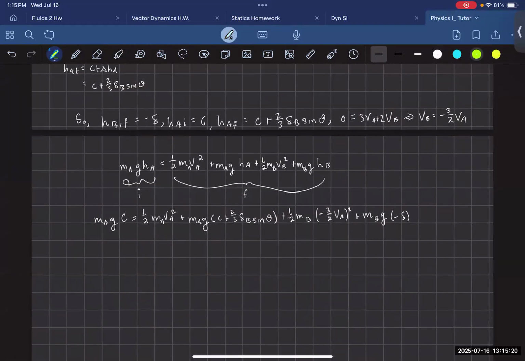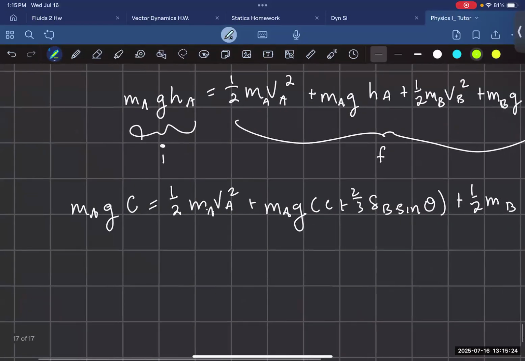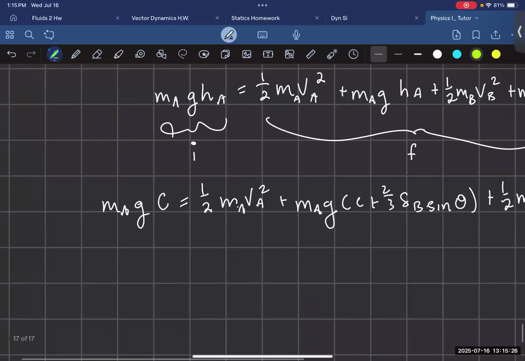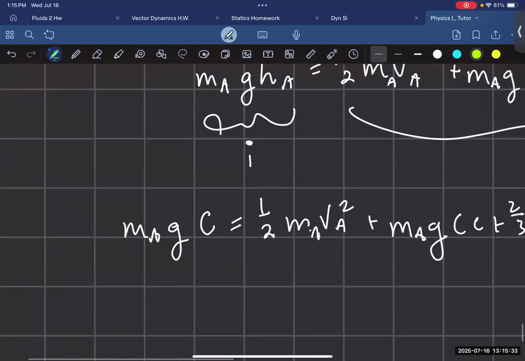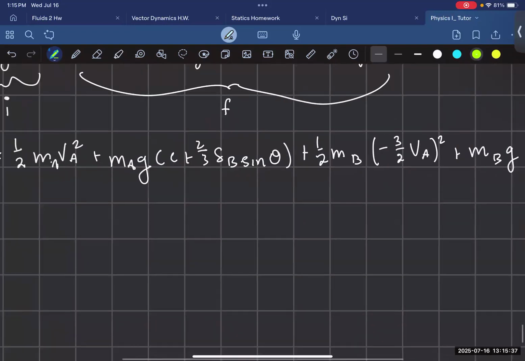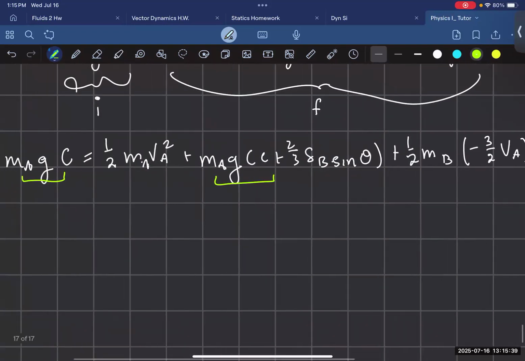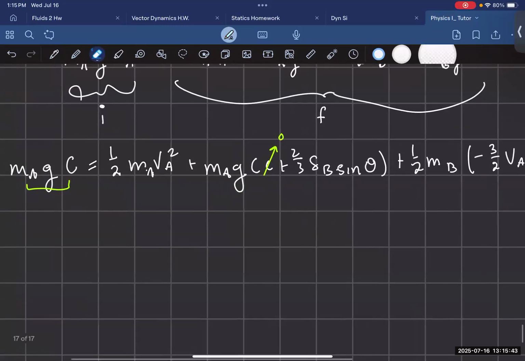So now we can do a couple cancellations. First, if we're looking at the potential energies of the masses A, we're going to realize that this right here is going to subtract into right here. So we can actually just cancel out C right here.